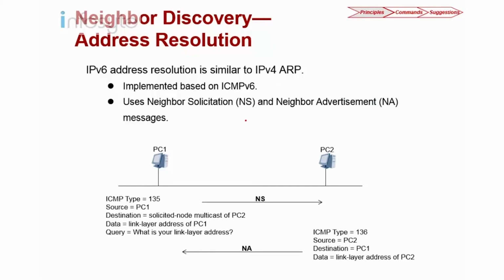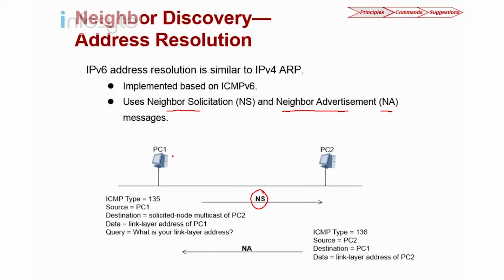In IPv6, the resolution is slightly different. We use a mechanism called neighbor solicitation, or simply NS for short, and neighbor advertisement, or NA.